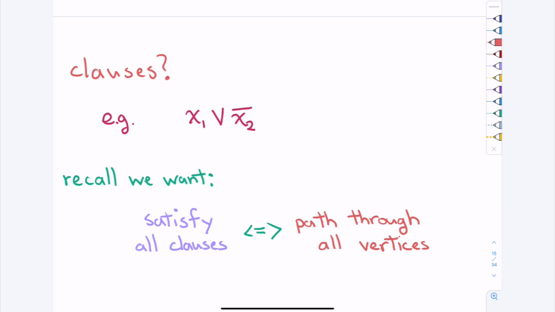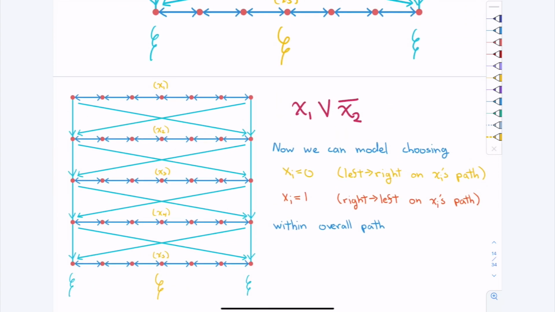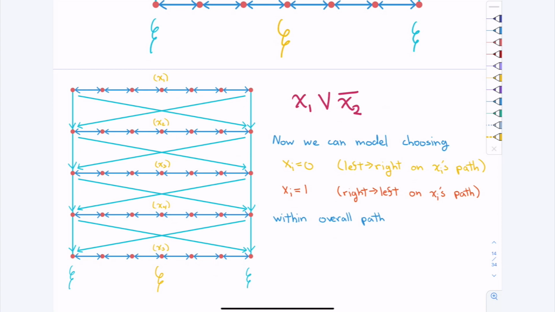How might I try to rig it? I'll copy it and bring it up above. How can I somehow create some kind of gimmick where, again, following this logic of left or right is true or false, I try to encode this into the Hamiltonian path problem?